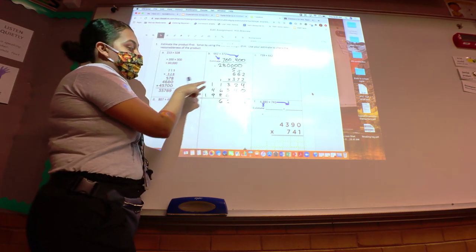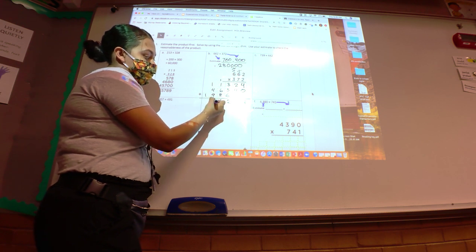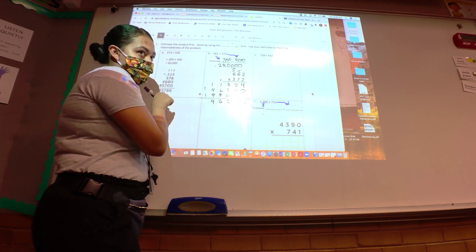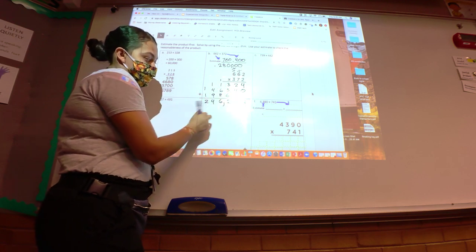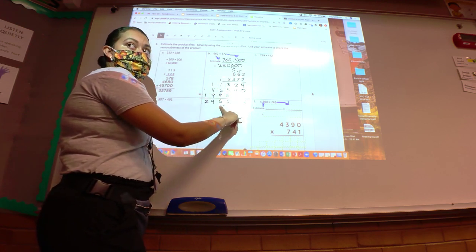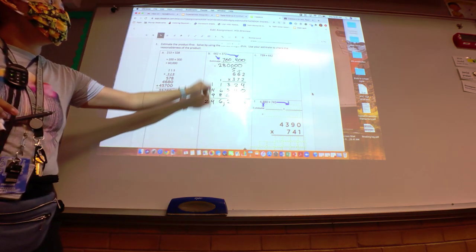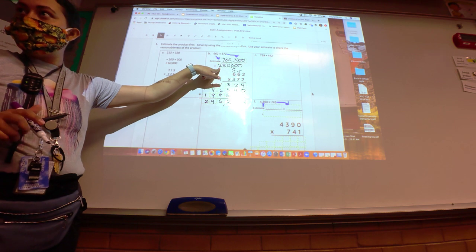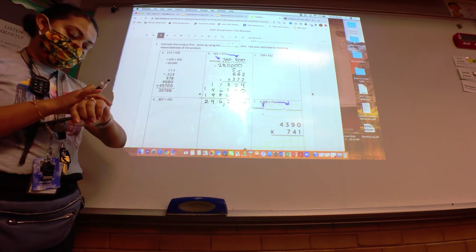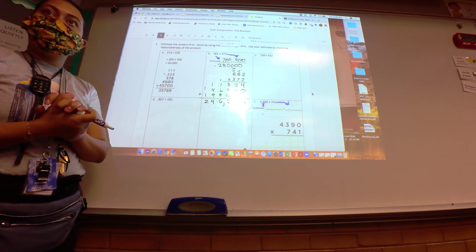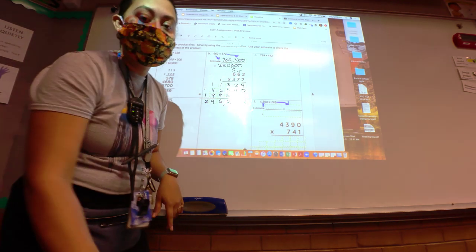Then 1 plus 4 plus 9, 14, 4 here, carry the 1. 1 plus 1, 2. Our final answer is 246,264, which is about 280,000. So our answer is correct. They're almost the exact same number repeated. They're just kind of flipped, right?